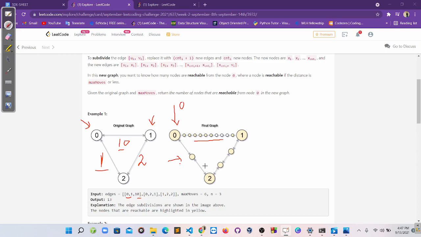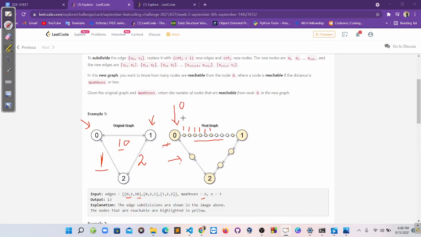The condition is, from this 0 to any direction, understand this, we can only take a maximum of 6 moves. So you can take this 1, this 2, this 3, this 4, this 5 and this 6. So these are the 6 moves.